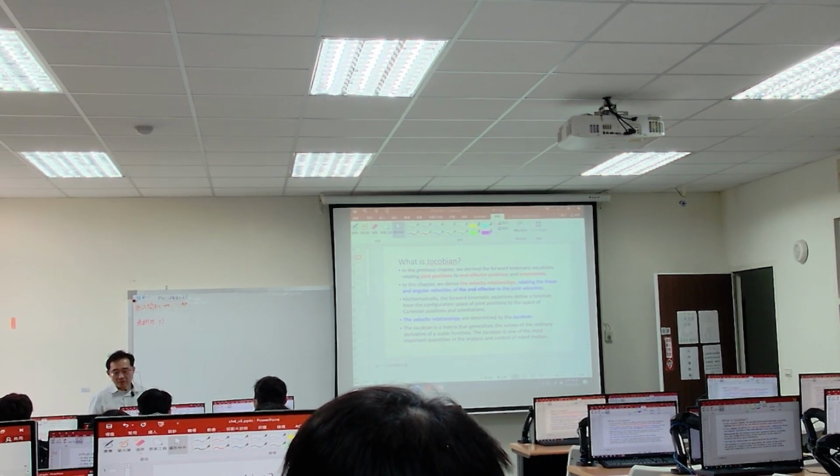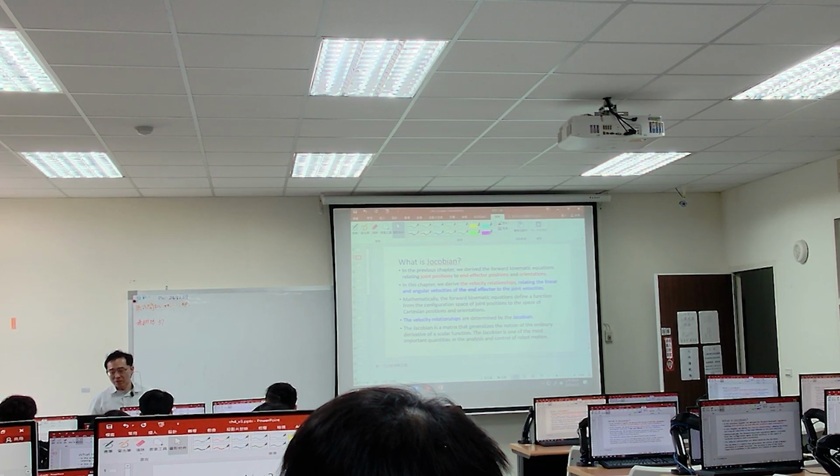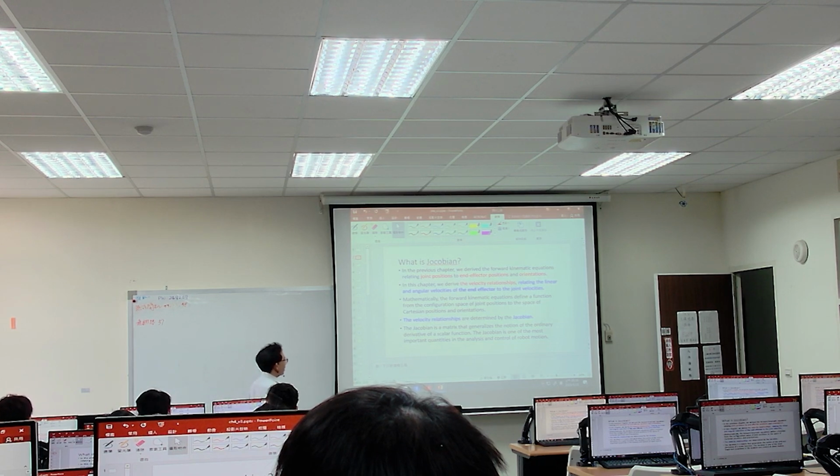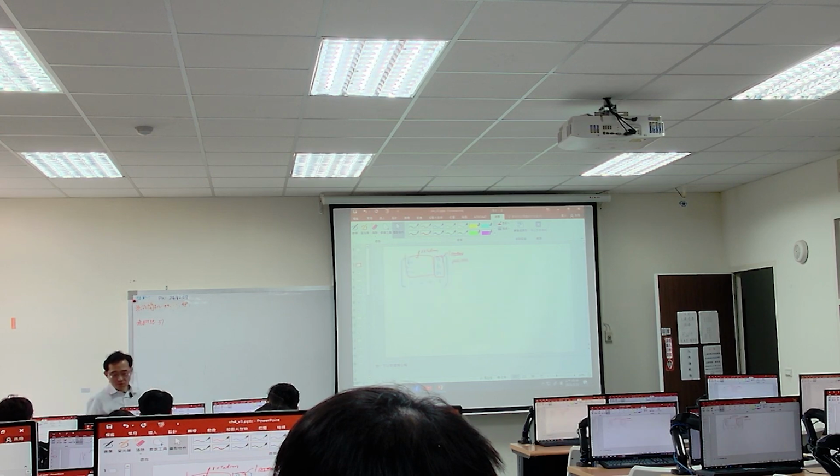Eventually, the Jacobian is a matrix that generalizes the notion of the ordinary derivative of a scalar function, and the book did not mention too much useful information here. Eventually, the Jacobian can do that. We have a final transformation, but what is the relationship to the velocity?